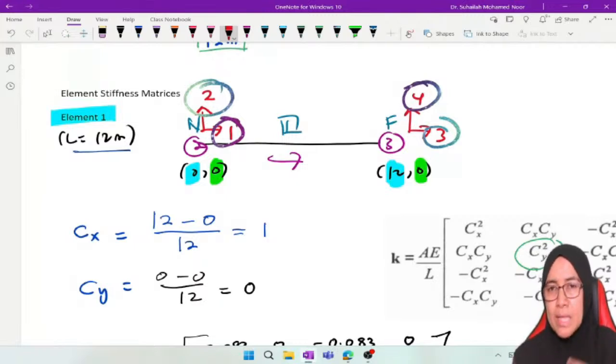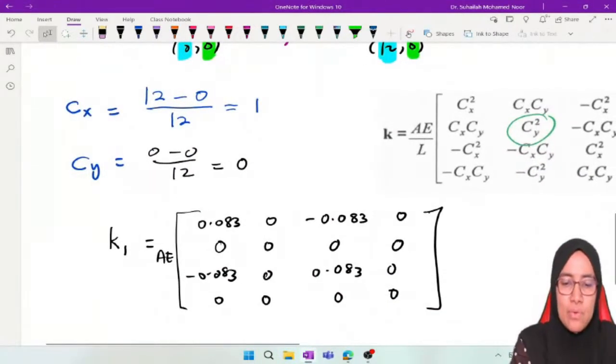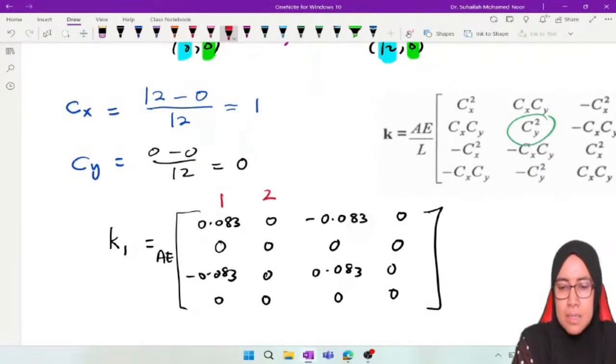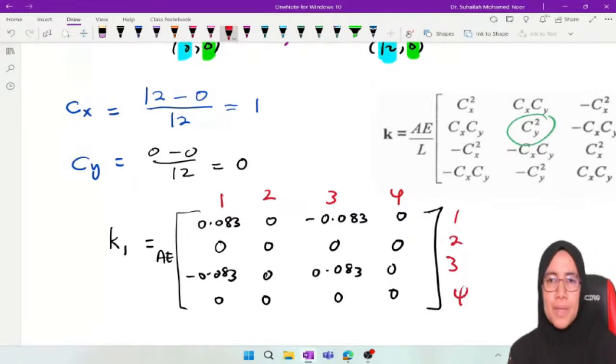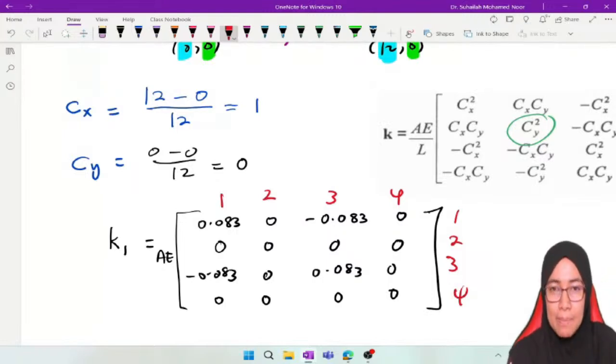So it is 1, 2, 3, 4, and we label like this. Okay, this is the element stiffness matrix for element 1.